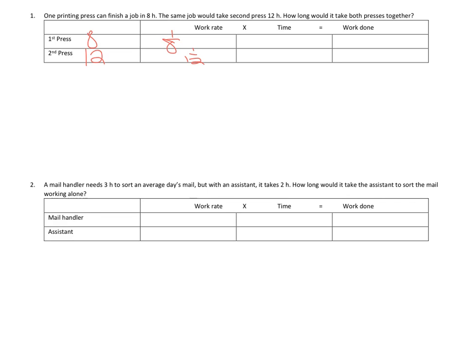So if I say the first press would print for X hours, how long does the second press print for? X hours. The same amount. They have the same time. And then just like with all the other charts, to fill in that last column, we're going to multiply across. So I have 1/8 x, and I have 1/12 x.